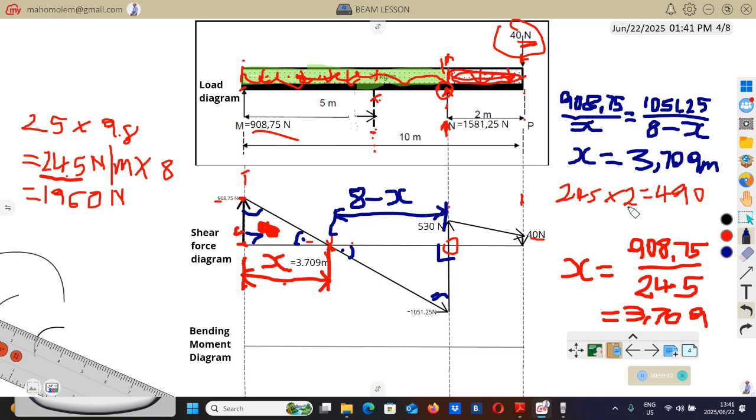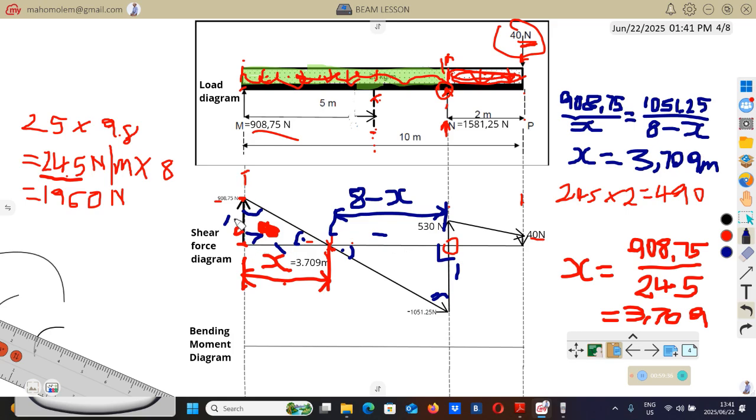In similar triangles, the ratios of the sides of these two triangles will be equal, meaning that the ratio of this side to this side will be equal to the ratio of this side to this side, or any side. You can just take any side, divide by this side.